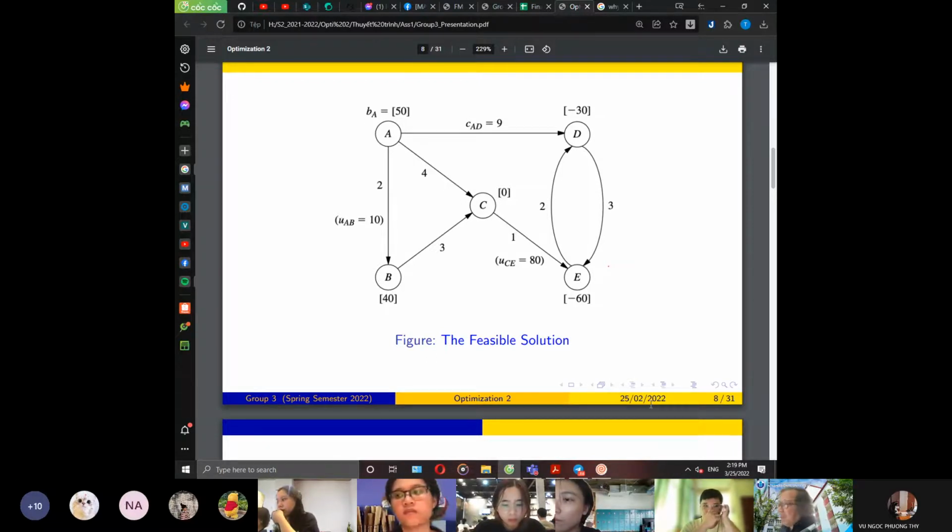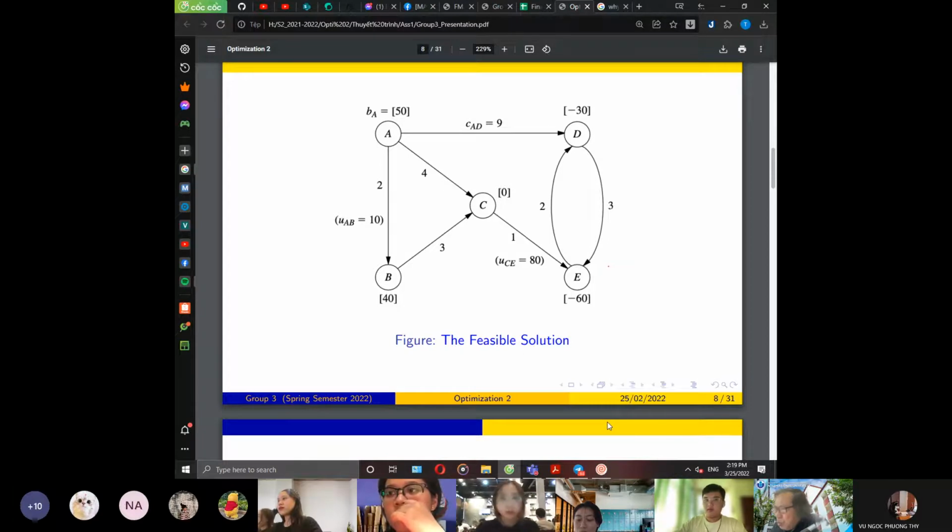Here you may have Xab less than 10, but if you have a lower bound greater than 3, that means in that arc, if you want to move, you have to move more than 3. It cannot be less than 3. So that is called lower bound. But here, of course, you consider upper bound. I just want to ask because you always say upper bound, but I don't know if you really understand what upper bound means or not.